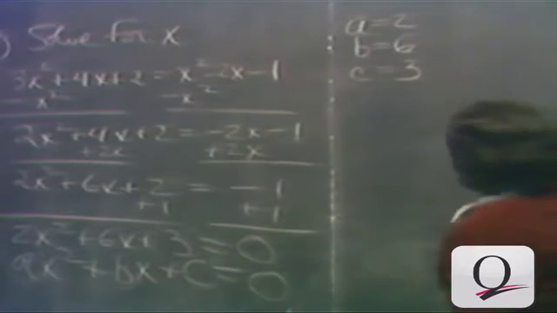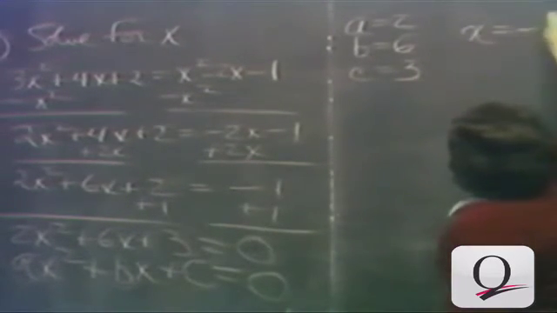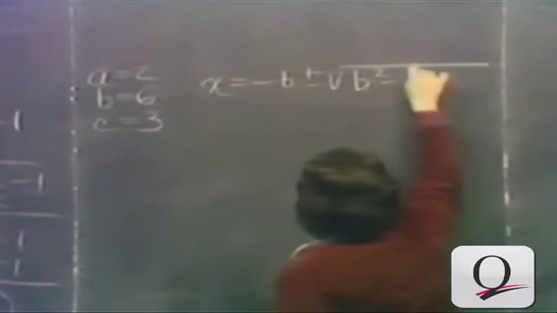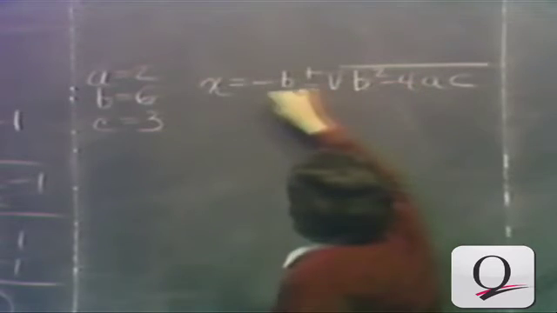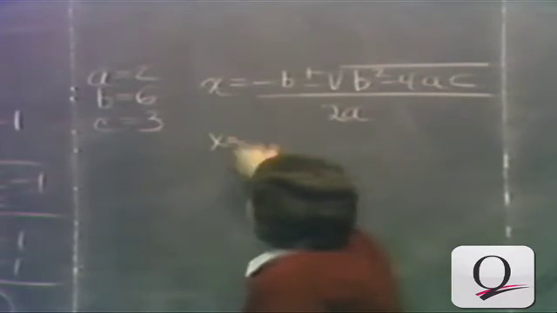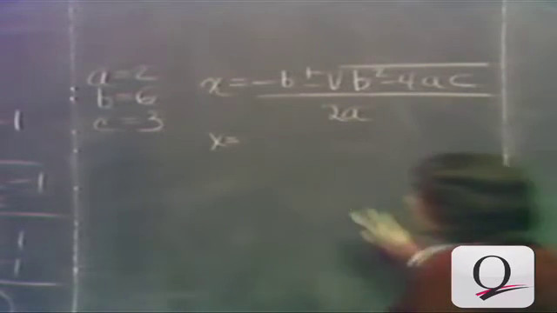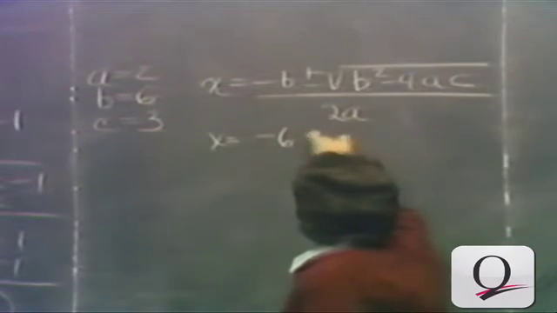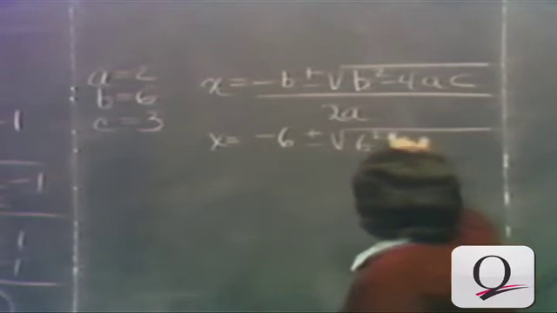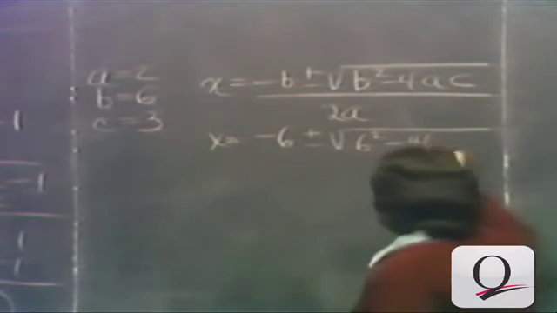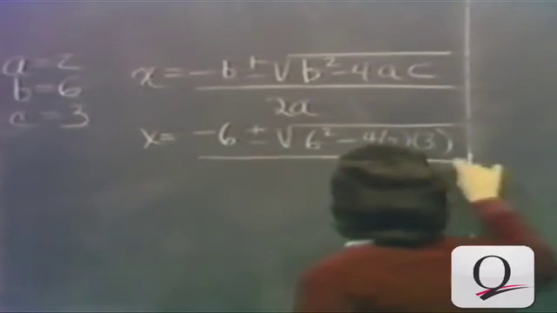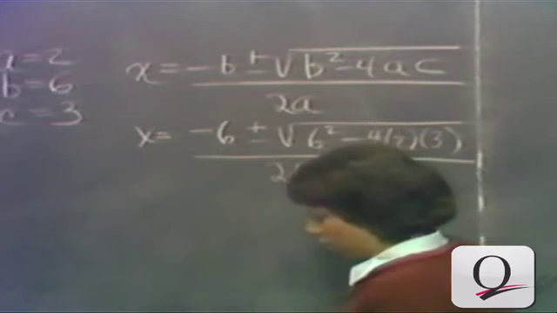We will now solve by the quadratic formula. x is minus b plus or minus the square root of b squared minus 4ac all over 2a. That is minus 6 plus or minus the square root of b squared, 6 squared, minus 4 times a, which is 2, times c, which is 3, all over 2a, or 2 times 2.